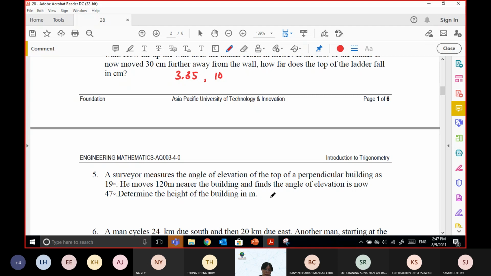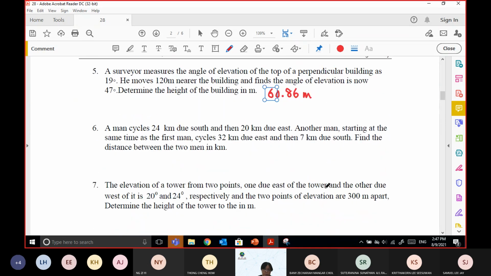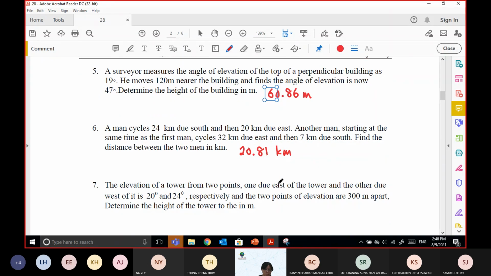For number 5, 60.86. For number 6, 20.81. For number 7, 60 meter.